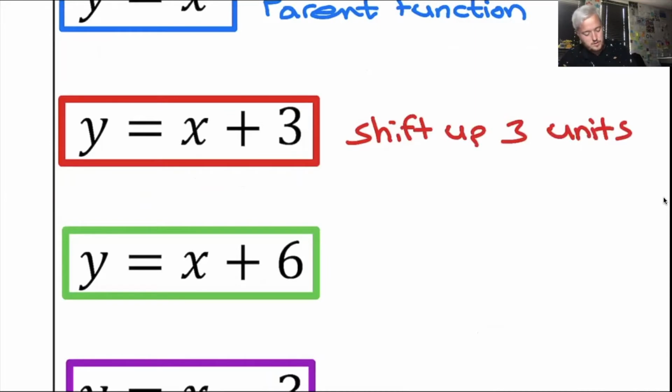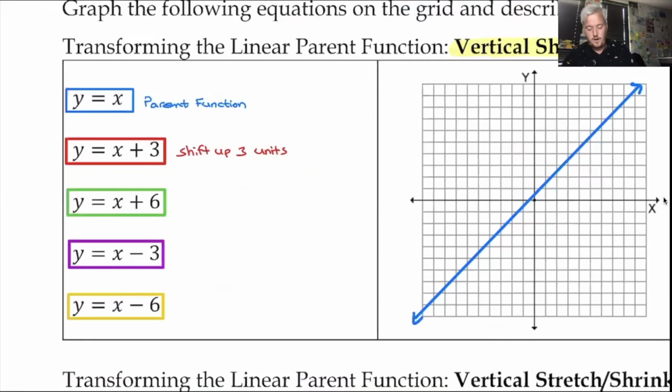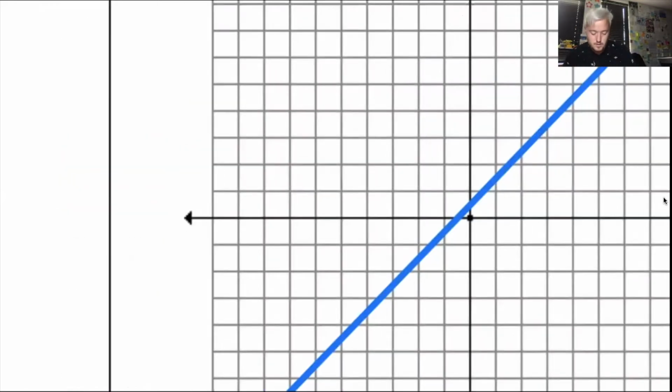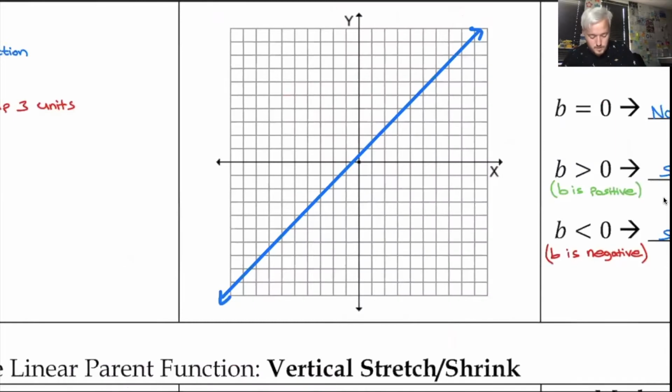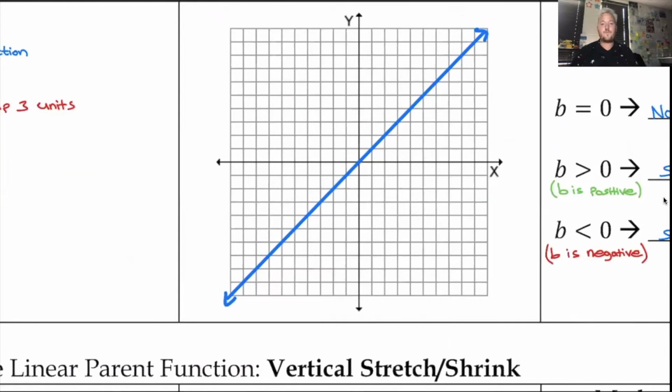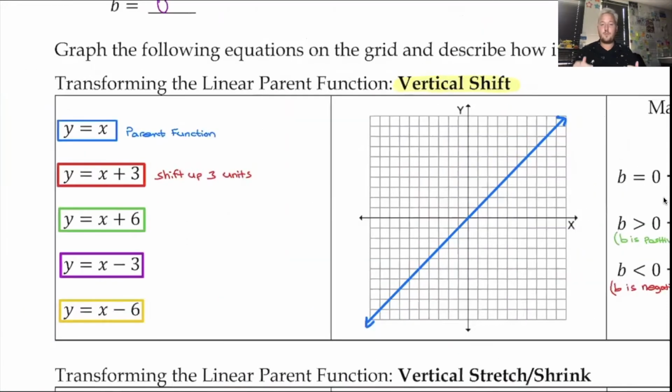That plus 3 means I'm going to go up 3 units. I'm not changing the slope. Excuse me, my OCD. There we go. Okay, so we're going to shift up 3 units.